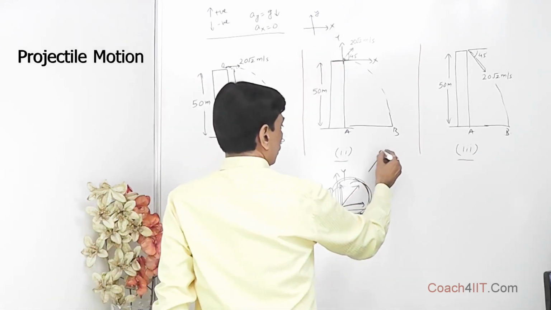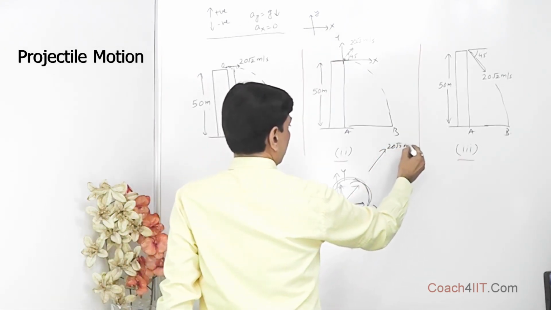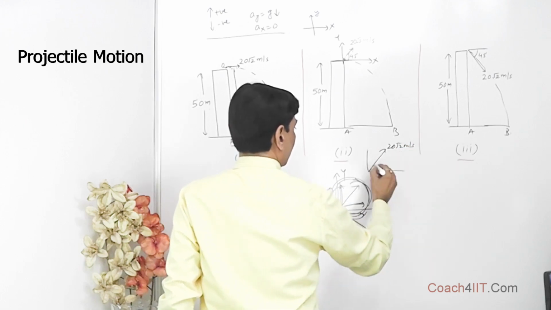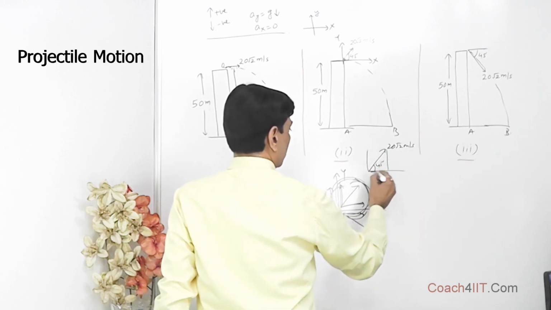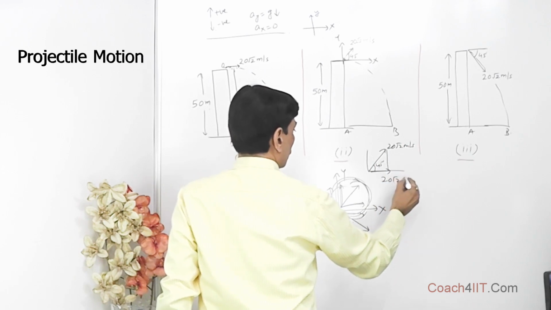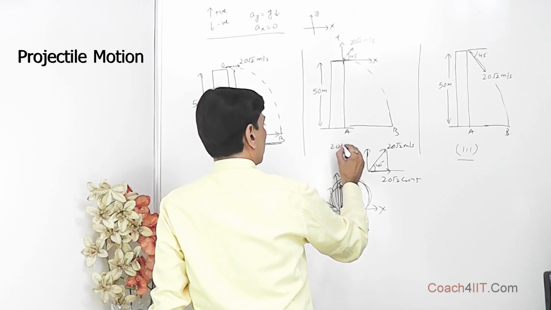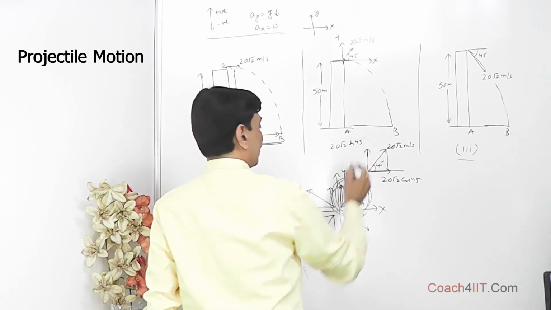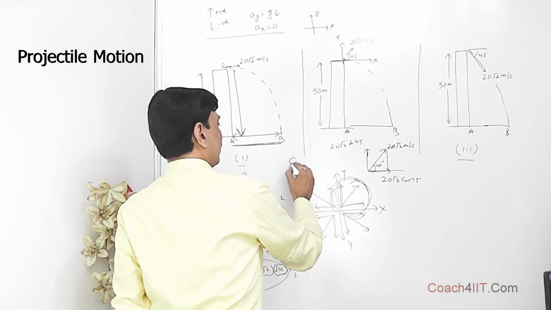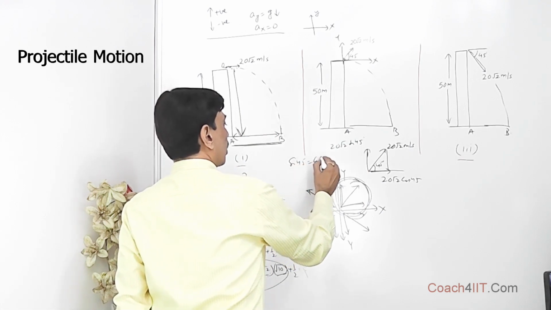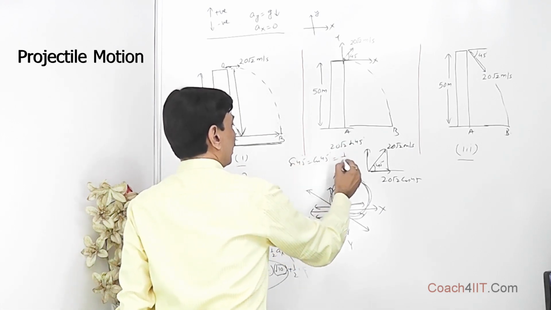If this is 20√2 meter per second and this angle is 45 degree, this component is going to be 20√2 cos 45 degree and this component is going to be 20√2 sin 45 degree. We know sin 45 degree is equal to cos 45 degree is equal to 1 by √2.